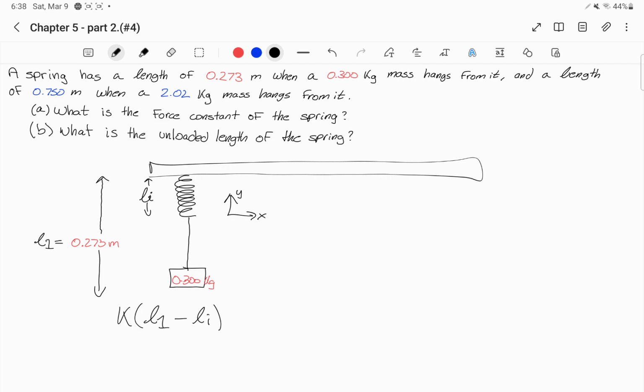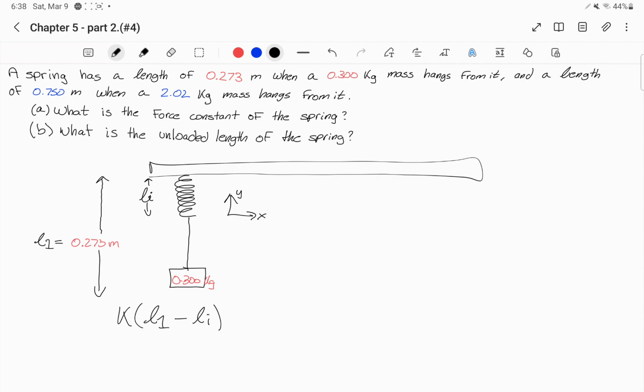The mass is suspended from the spring, so the spring is basically like holding on to it. So there is a force that the spring is exerting on the mass. This is the force that allows the mass to hang.